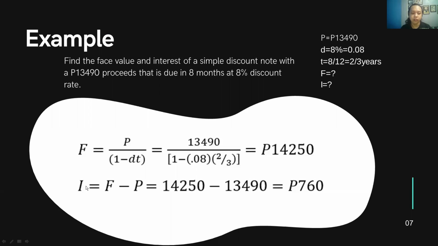And the interest is simply subtracting the proceeds from the face value. So 14,250 minus 13,490, which will give us the interest of 760 pesos.